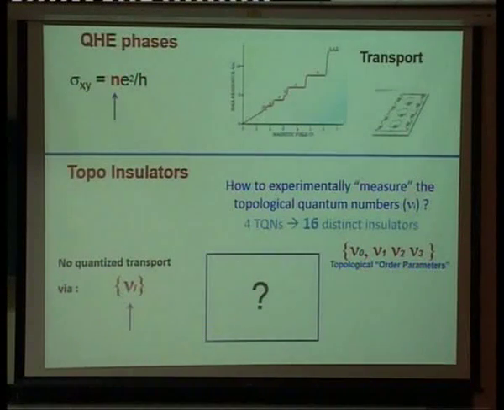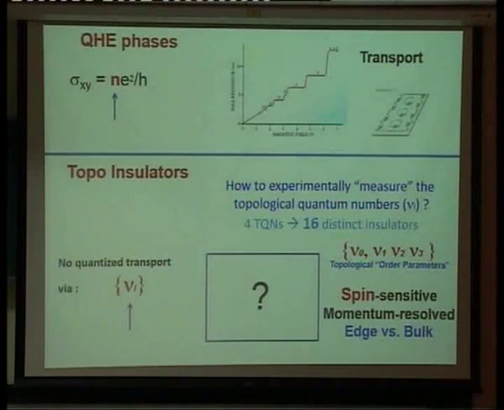Although there's no broken symmetry, you can in some way call them topological order parameters. And how to measure them, as Shankar has mentioned, one way is to look at the half-integer quantum Hall effect, which is equivalent to saying that there's magnetoelectric quantization. But that will only tell us the first invariant. It will not tell us about the other invariants.